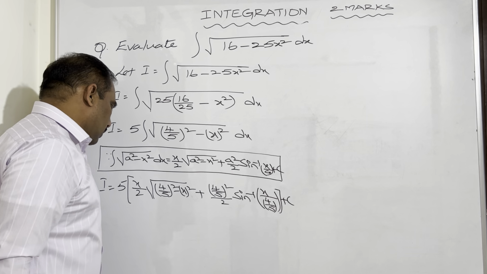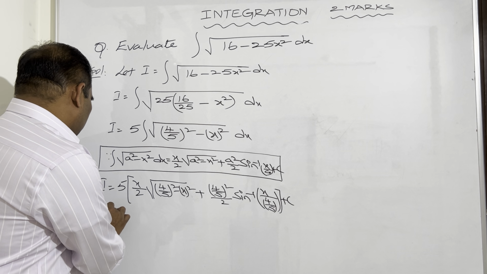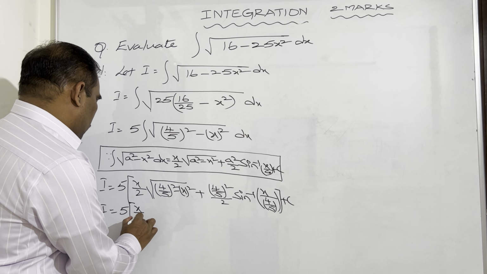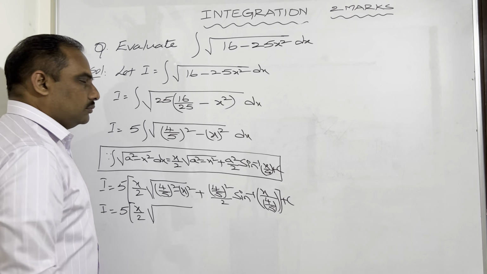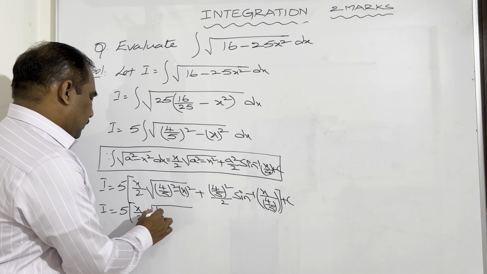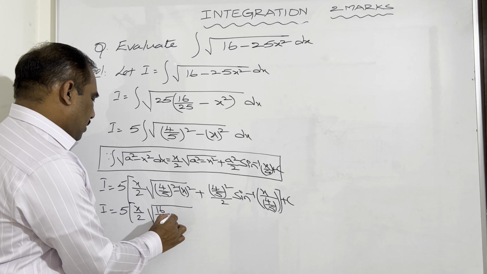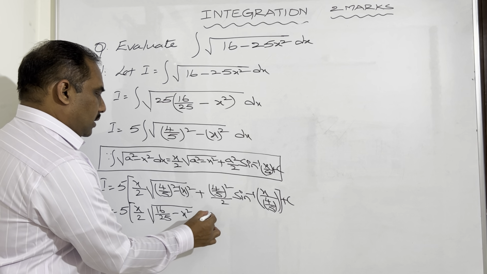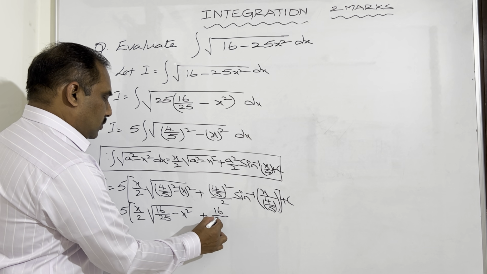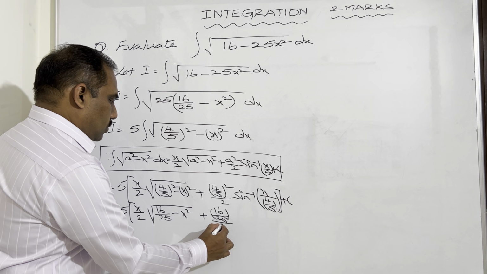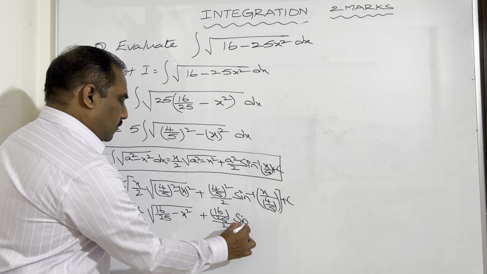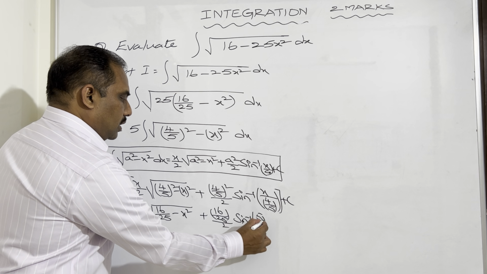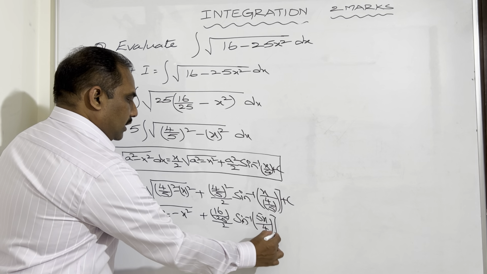Now clearly it can be written as I is equal to 5 into, x by 2 into root over (16 by 25 minus x square), plus 16 by 25 by 2 into sine inverse of 5x by 4, plus c.